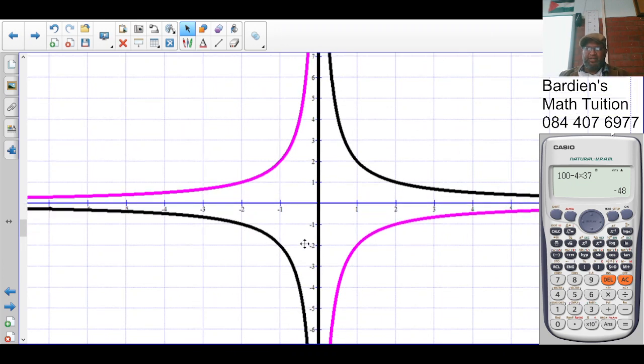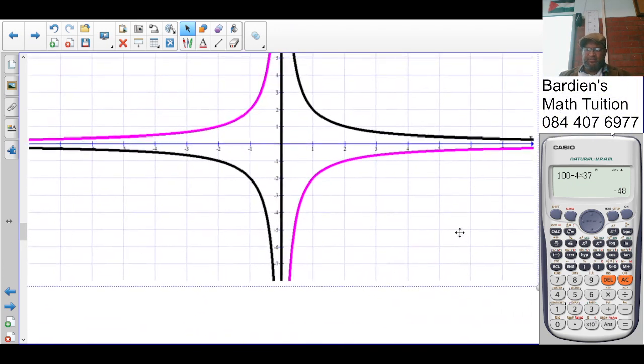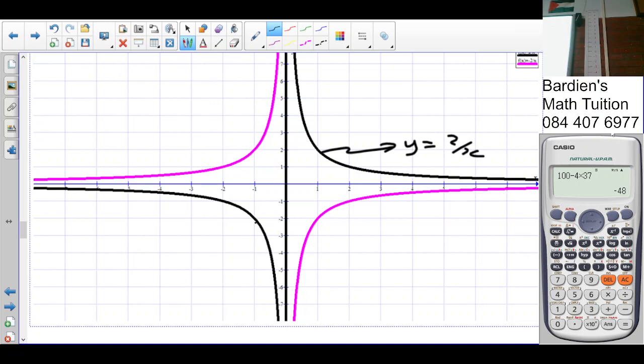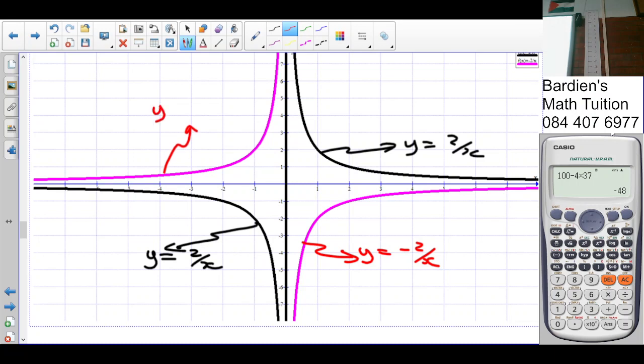The graph in black is y is equal to 2/x, and the graph in pink is y is equal to -2/x. What do you notice, people? What's the difference? When this k value is positive, it lies in quadrant 1 and 3. However, if k is negative, then it lies in quadrant 2 and 4. Can you see that, people?